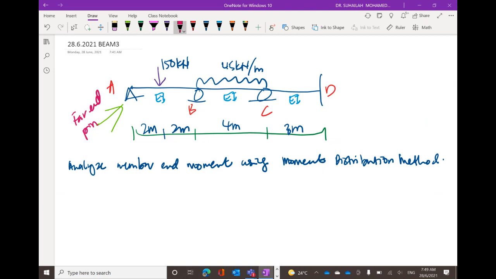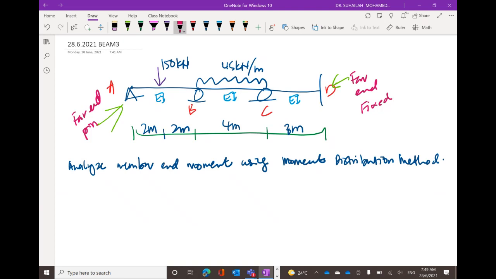For BC, both are internal, and for CD, D far is far and fixed. We have to identify this because we will use this to calculate the K value. The K value will depend on the far end condition.